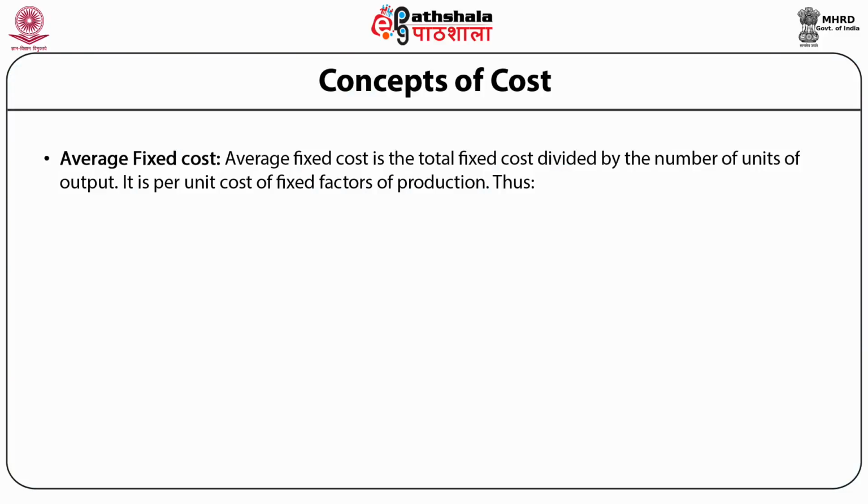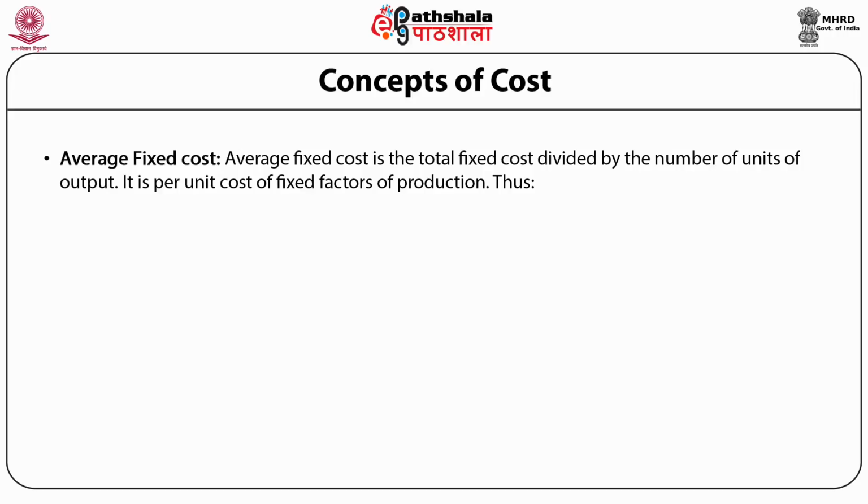So, another way to calculate average cost is AC is equal to AFC plus AVC, where AC means average cost, AFC means average fixed cost and AVC means average variable cost. Average fixed cost.